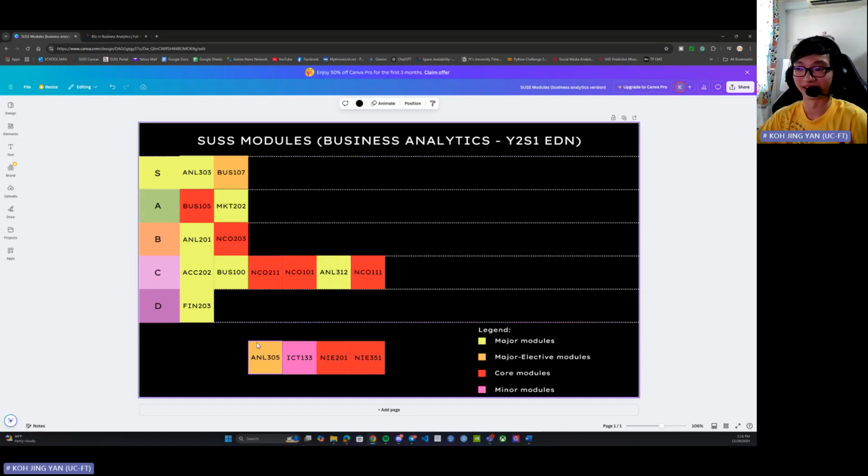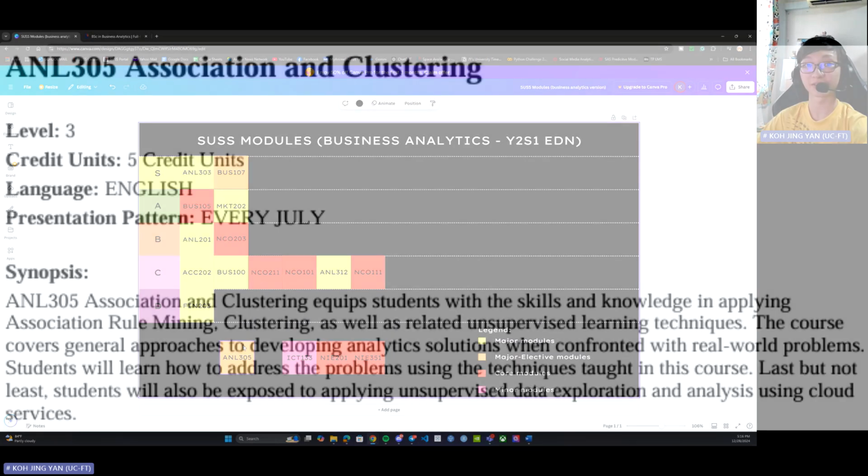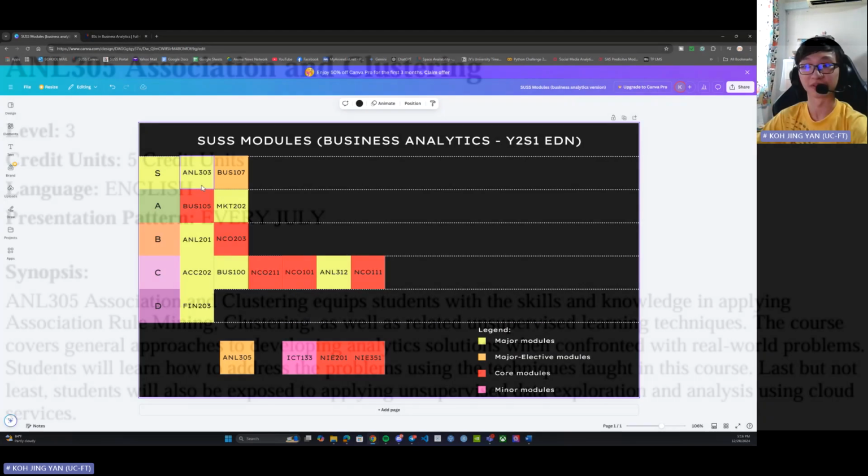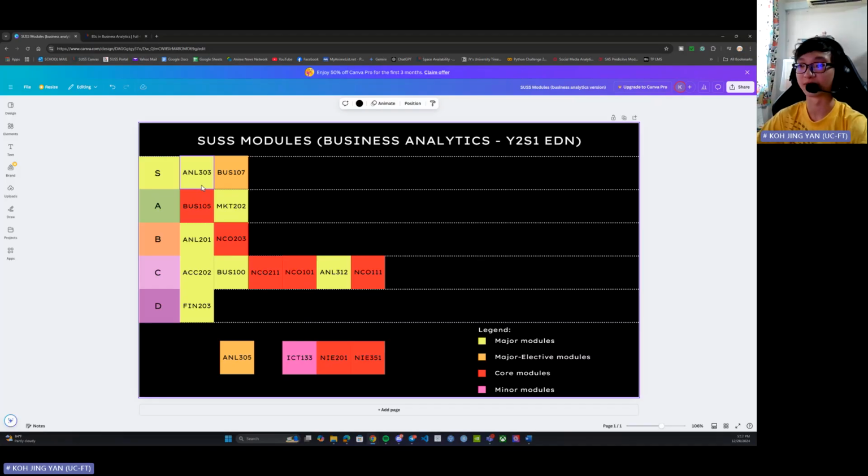Okay, I'm done. So next module, it's a major elective module that I've chosen for my major elective compulsory stuff. So the next one that I'm going to go through is ANL 305, which is association and clustering, which you might have heard of these terms before, mainly through ANL 303, which is in SU4.